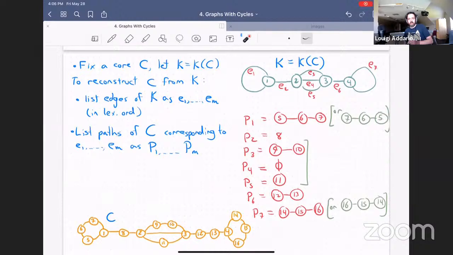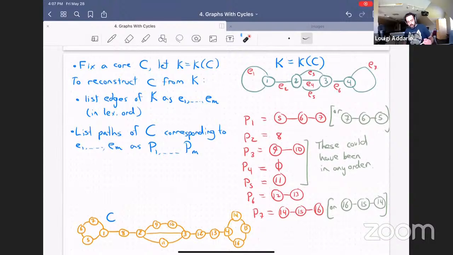It has the same vertex set and the same edge set, right? So these could have been in any order. Okay, so that's a symmetry which needs to be accounted for.